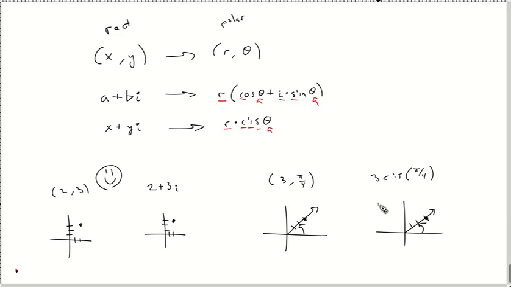No, no, no. Instead, MyMathLab wants you to do it the long way, and the long way is r cosine of theta plus i times sine of theta. The long way is the long way. And that's fine. It's correct, but this is also correct. Okay? Glad we established that now.